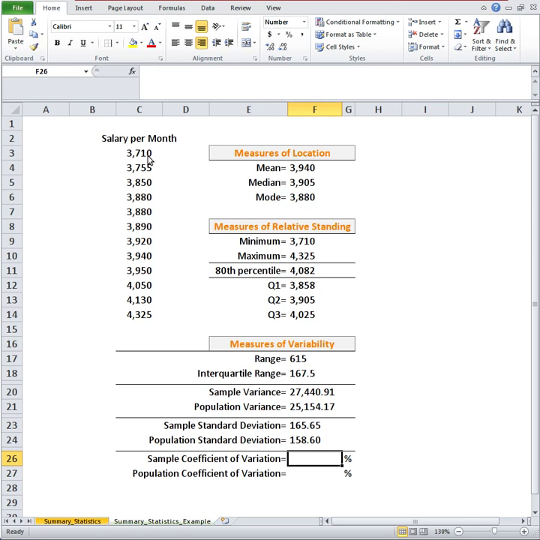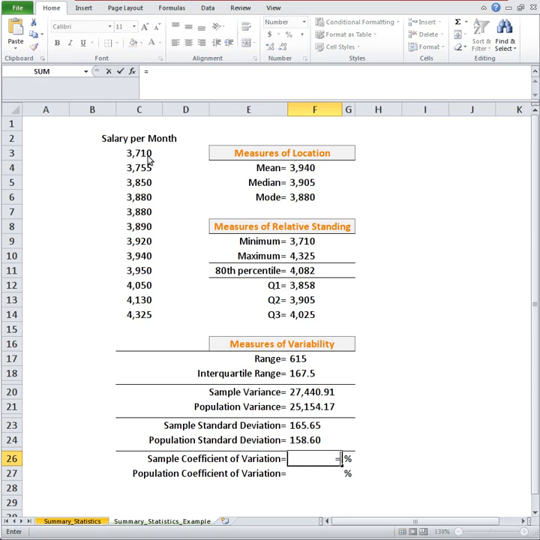So finally, the sample coefficient of variation. The sample coefficient of variation gives us a measurement of the ratio between the standard deviation and the mean. So for the sample, we're going to use the sample standard deviation.